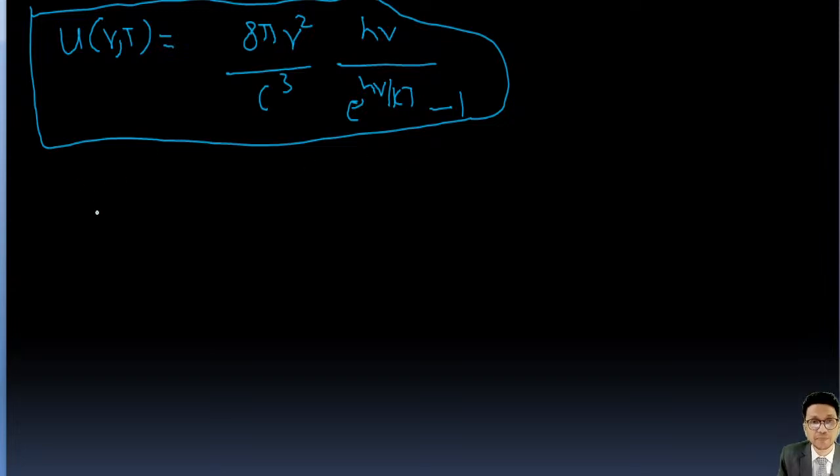So this is the energy density, and we can also express it in terms of lambda and T, right?